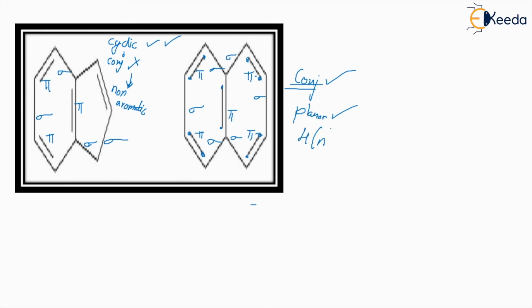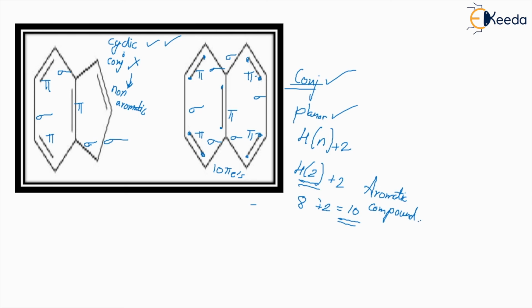Does it come into 4n plus 2? What is it? 4 into 2 plus 2. 4 into 2 is nothing but 8 plus 2, which is equal to 10. Over here we counted a total of 10 pi electrons, and thus this becomes an aromatic compound. So in this way we can classify whether the compounds are aromatic, non-aromatic or anti-aromatic.